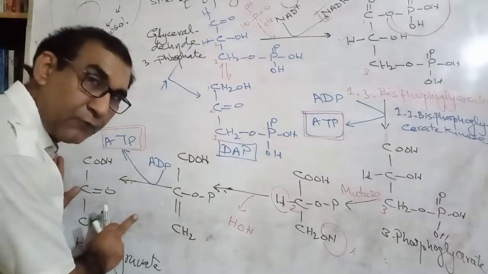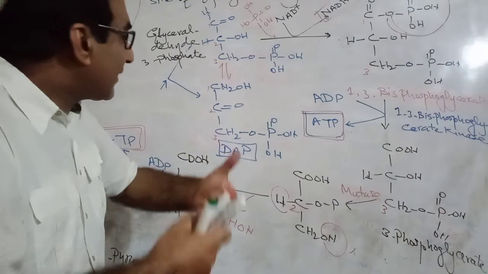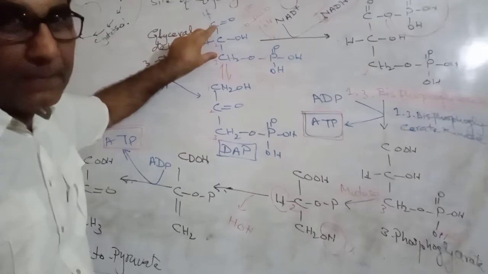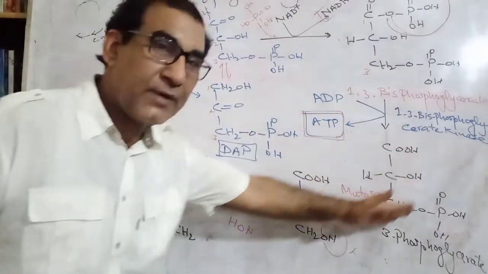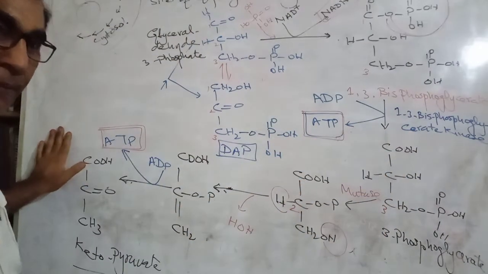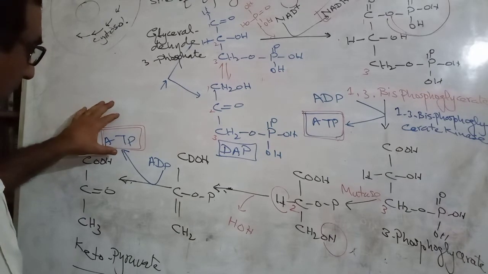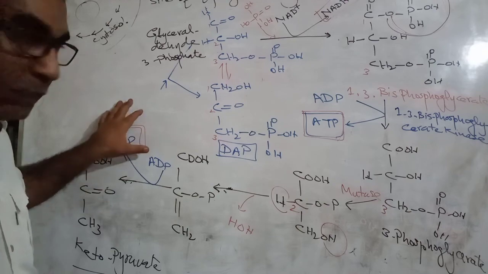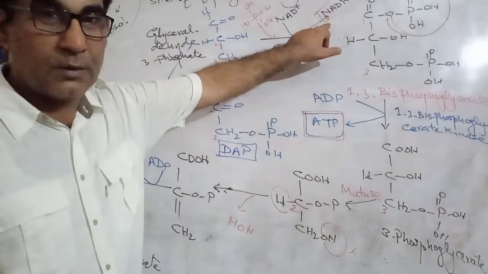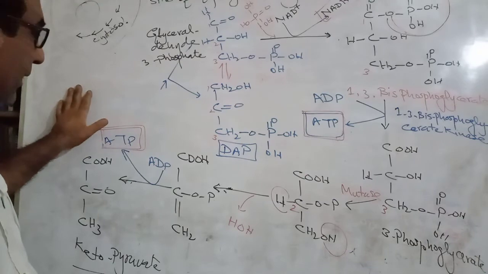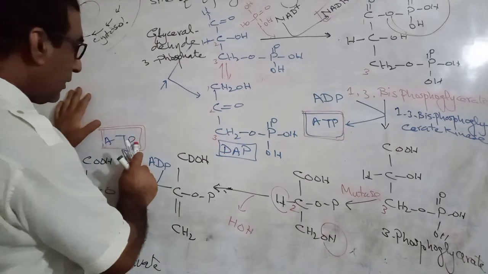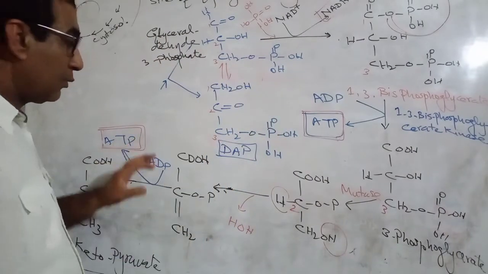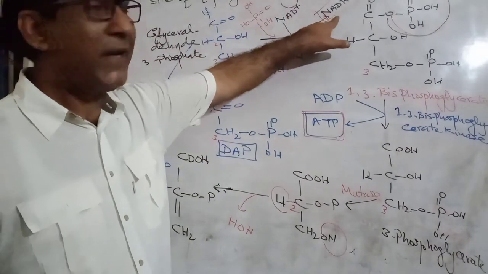So one pyruvate has been formed. What will happen next? The other would be converted into glyceraldehyde 3-phosphate, and all these series of reactions would occur. In this way, the ATP would be doubled. So you get how many? 1, 2, 3, 4 ATP molecules and 2 NADH.